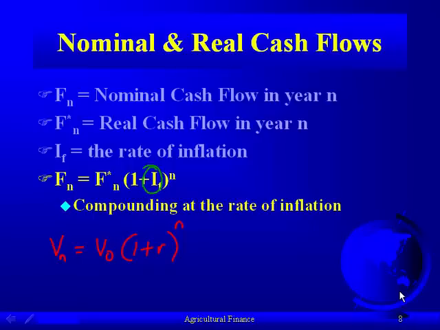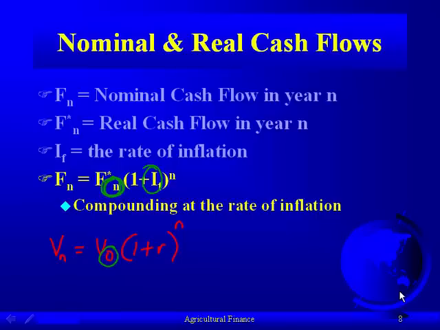In the future value case, we're taking a present value to the future, whereas in the case where we're taking the real cash flow to the nominal cash flow, it's the same time period. Mark that, and spend a little extra time thinking it through, because it's very easy to get confused. As we go through this, we're going to be using the same keystrokes on our calculator, but the meaning is different.